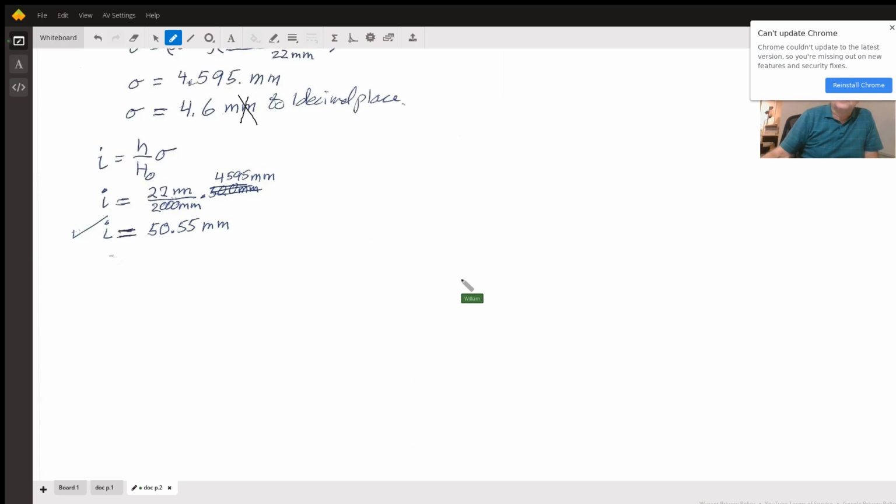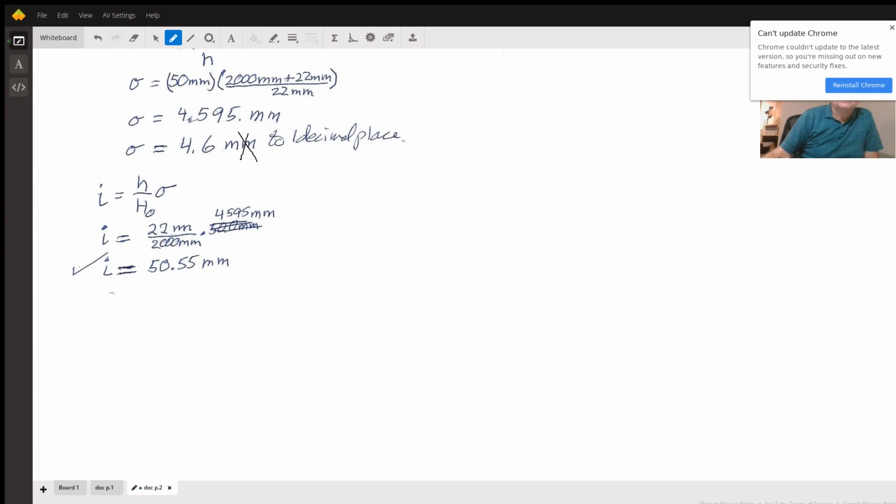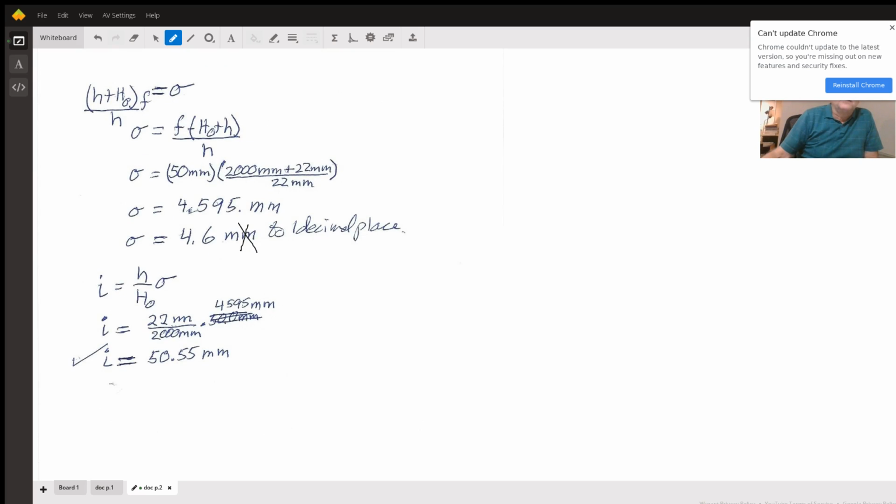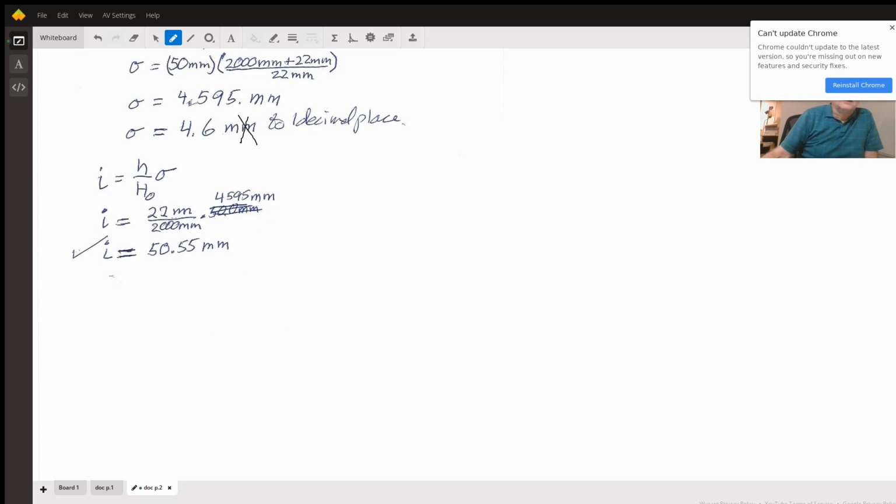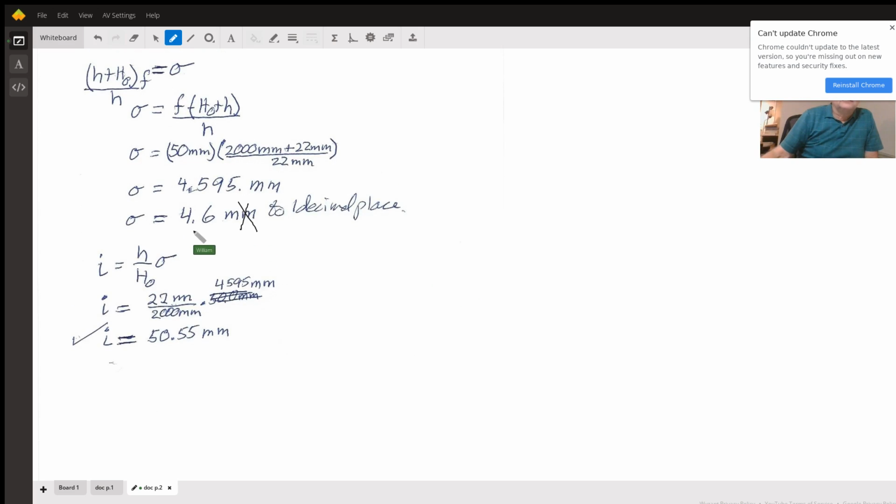To 1 decimal place, we have 4.6 meters. And that's the answer to 1 decimal place.